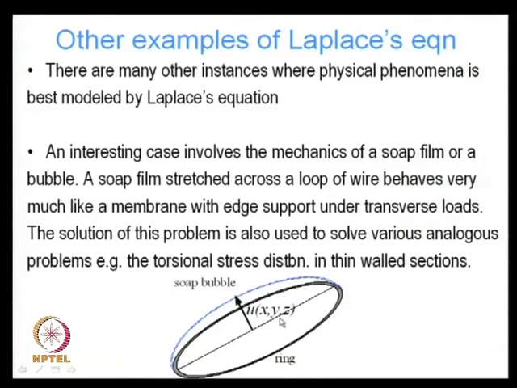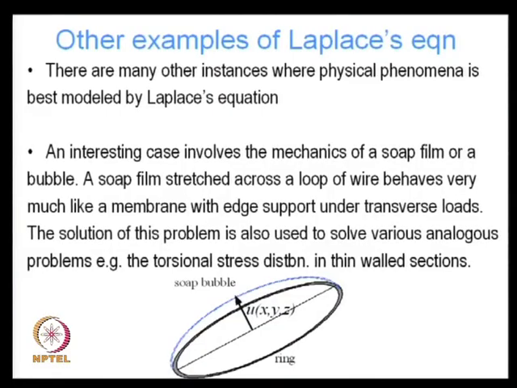I have a really thin film connected to the edges of the ring, and then I applied a transverse load, so the little thin film bulges out, which is represented by this blue dotted line. This blue line represents the deformed shape of my soap bubble.